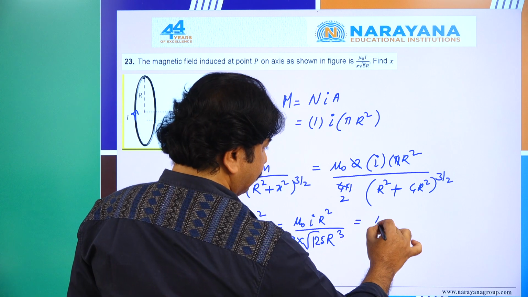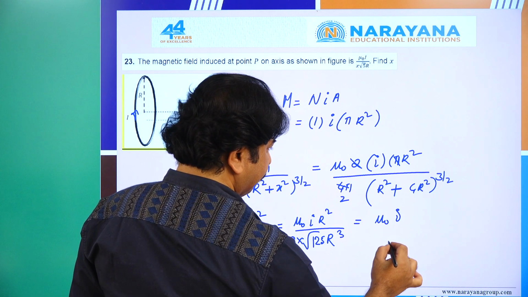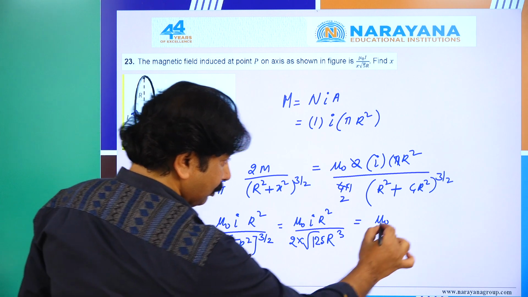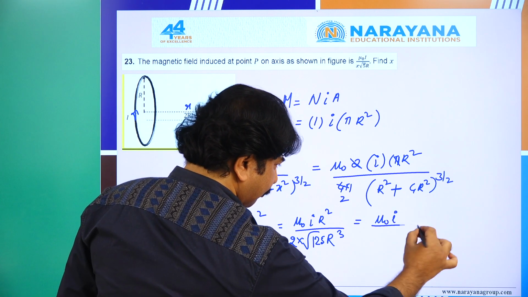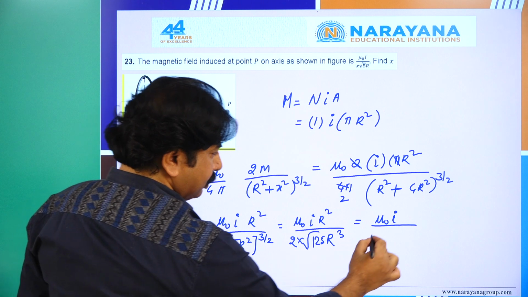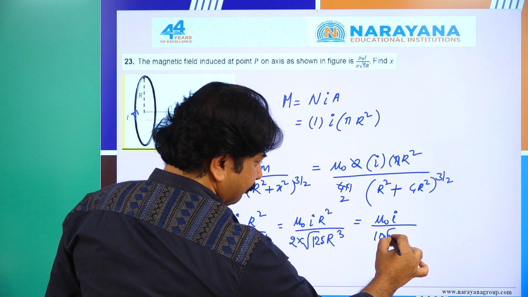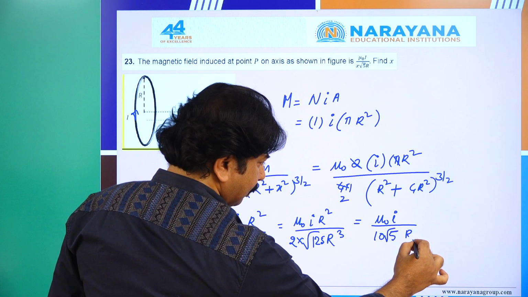The total one we can write is mu naught I by 10 root 5 into r only.